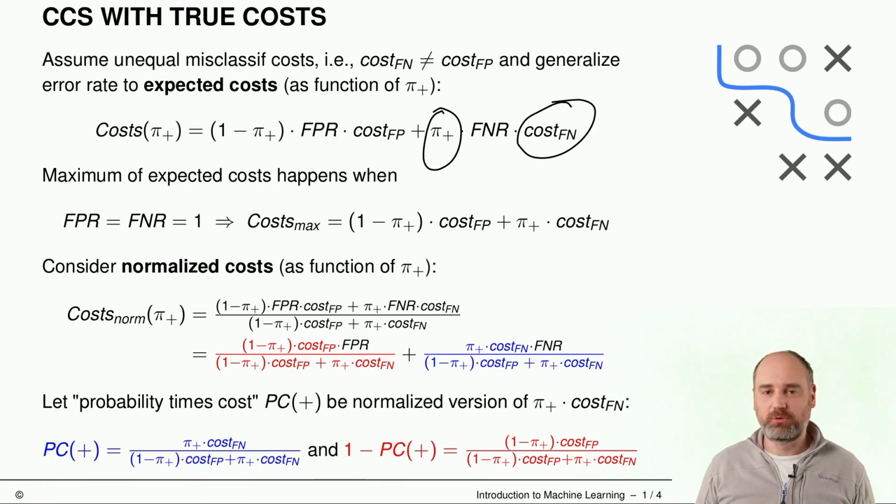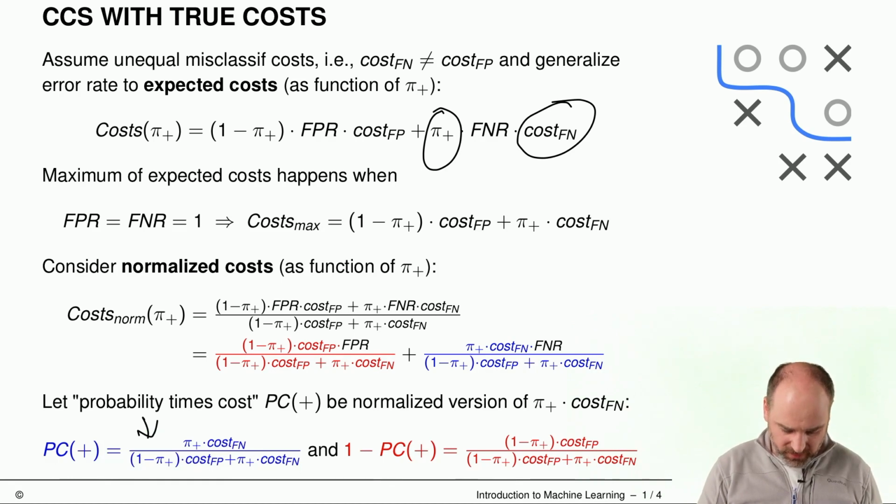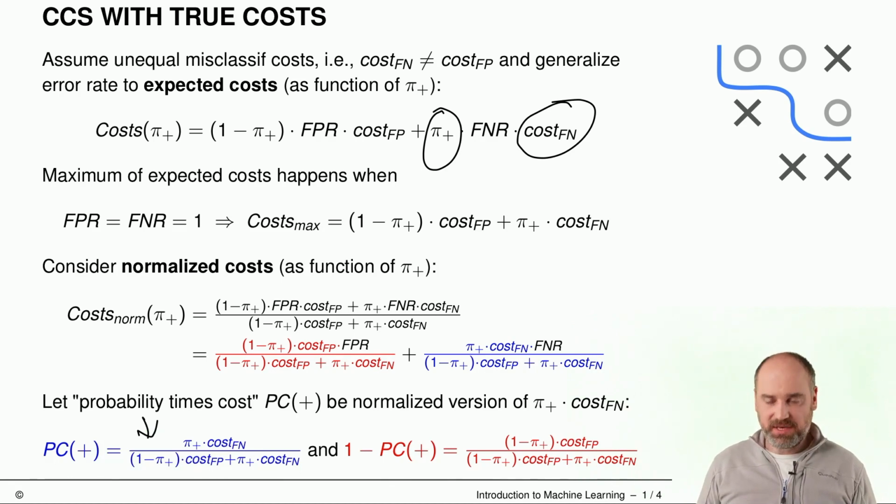I will call this PC plus, probability times cost, and it is not really an abbreviation of pi plus times cost FN, but of its normalized version, which we can see here. The next insight is that if we look at this reddish term, this is exactly the same as 1 minus PC plus. This is really easy to check.